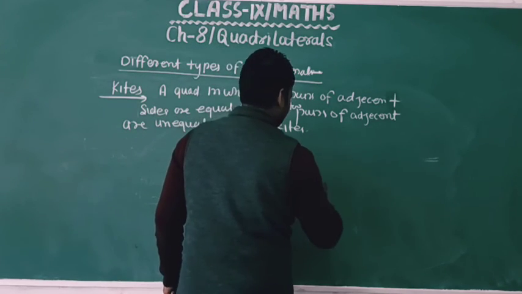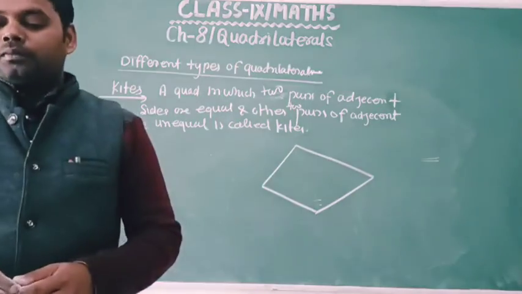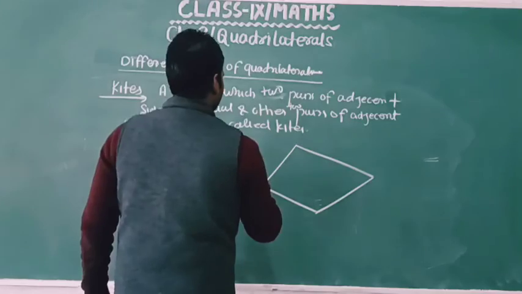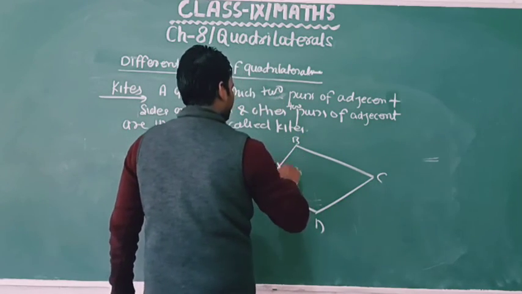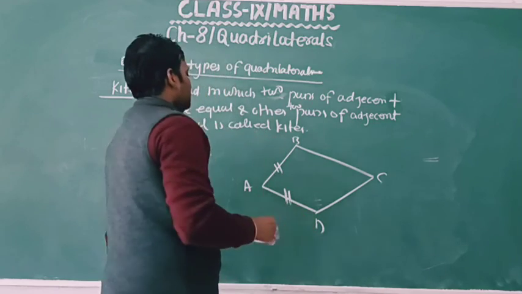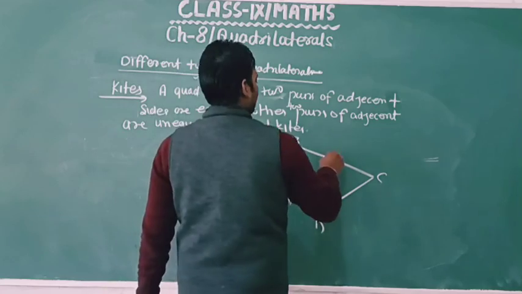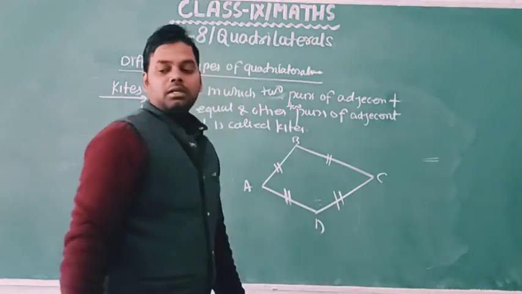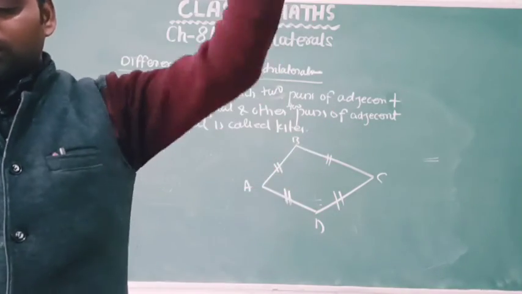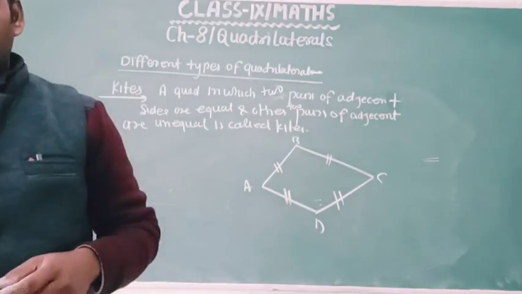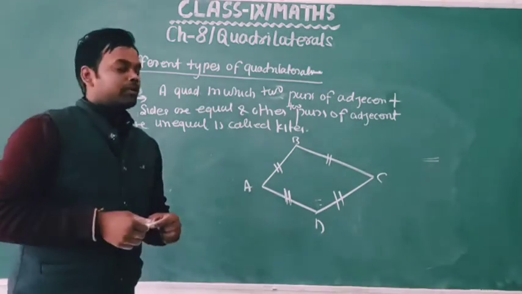We can see the picture: this is A, B, C, D. So two pairs of adjacent sides are equal, and the other sides are unequal.